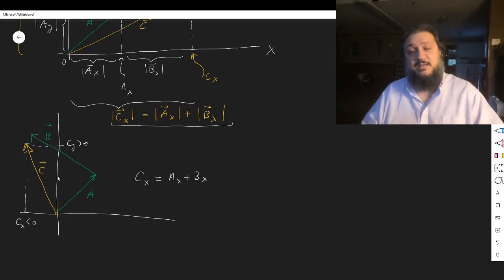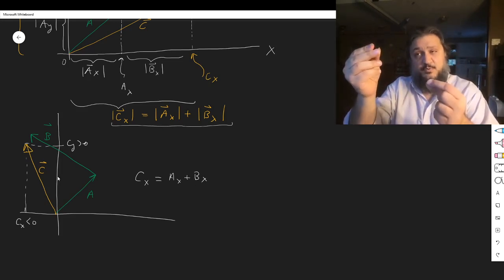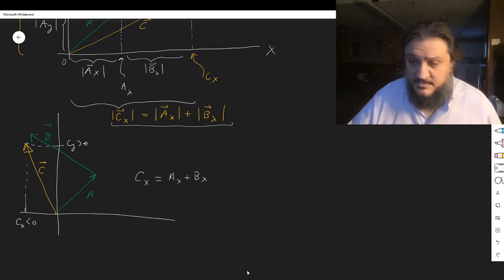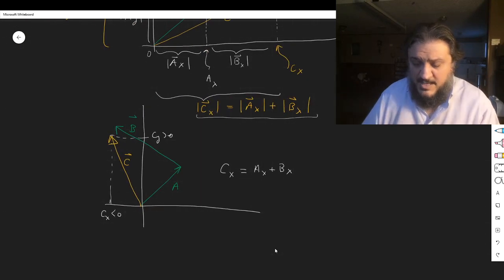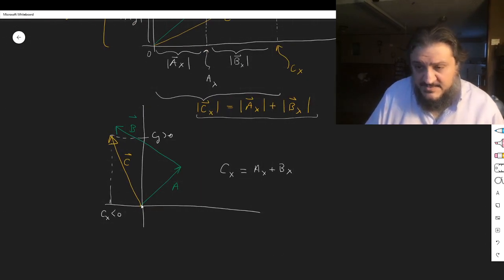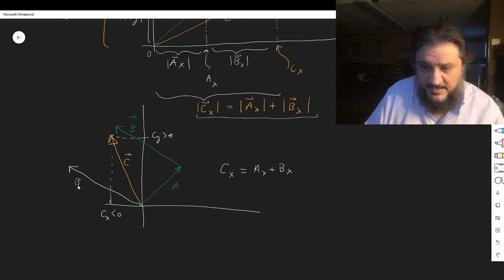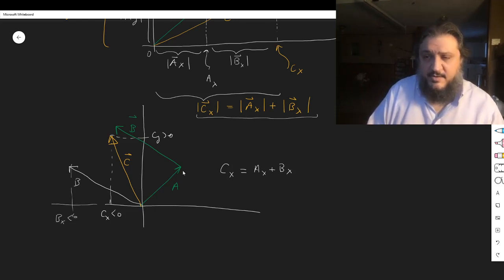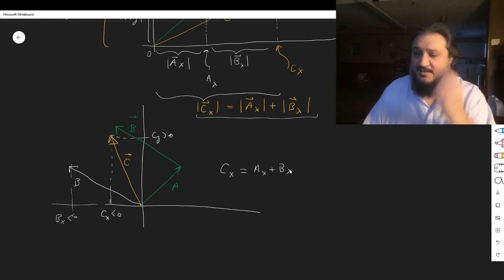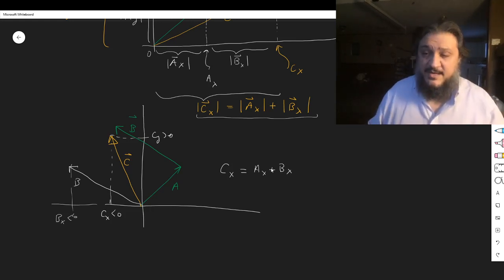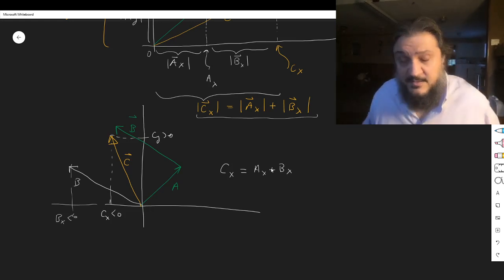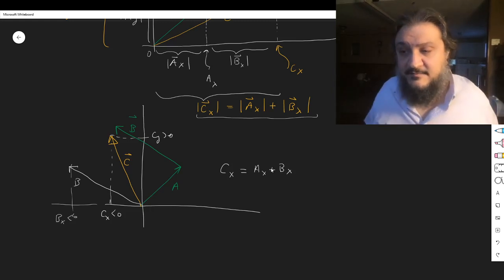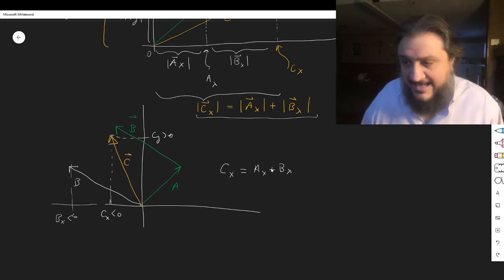If I parallel transport b to the origin, I will end up with this vector here. I know that already. B has definitely a negative x component. So if bx is negative, I'm subtracting that number from ax. That's how I find the negative number, which is cx.